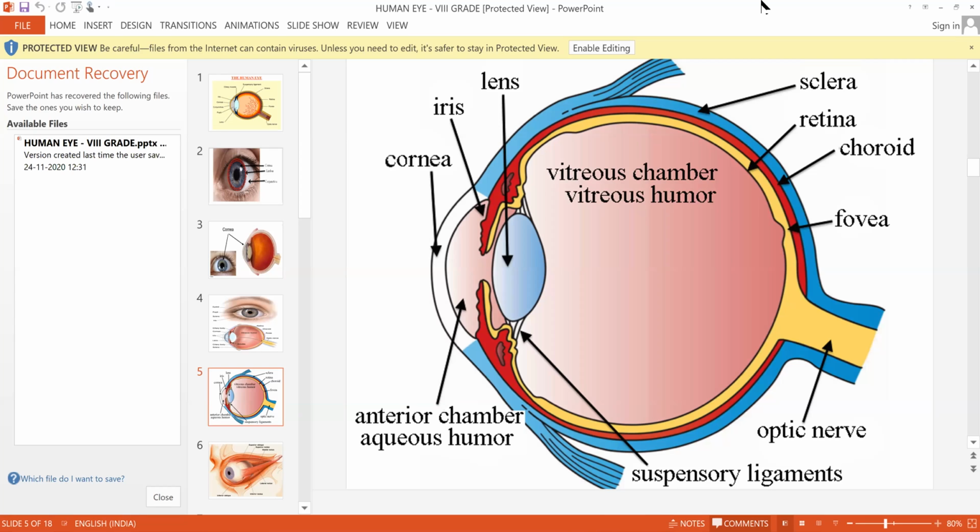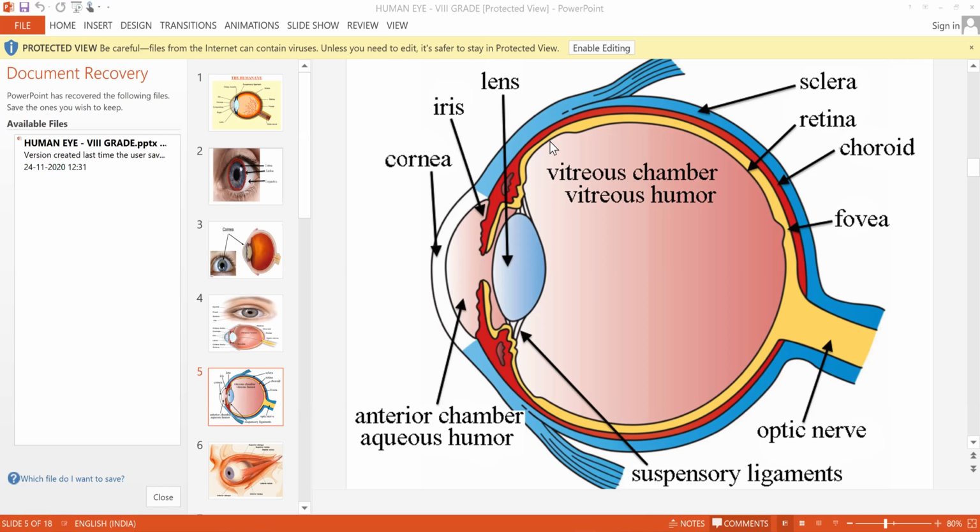Multiple reflections will lead to multiple images. Already we have studied one property called multiple reflections. Multiple reflections means in the mirror, one object is viewed as different images. So multiple reflections are not required. In order to avoid that kind of reflection, this choroid is helping retina.